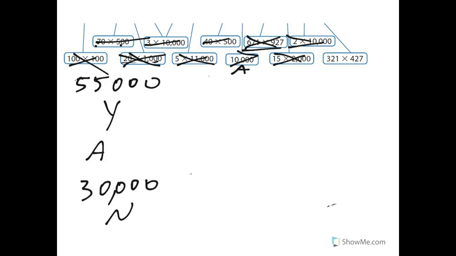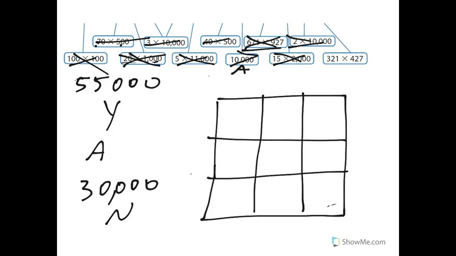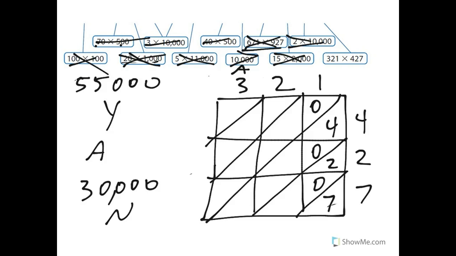And then I'm going to do 321 times 427 with my lattice method. So 321, 427. 1 times 4 is 4, 1 times 2 is 2, 1 times 7 is 7, 2 times 4 is 8, 2 times 2 is 4, 2 times 7 is 14, 3 times 4 is 12, 3 times 2 is 6, 3 times 7 is 21.